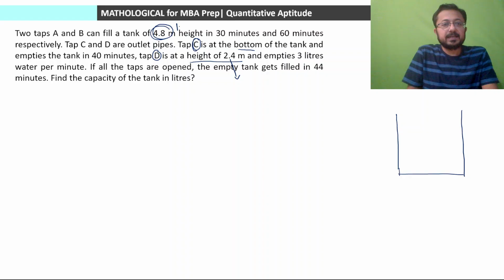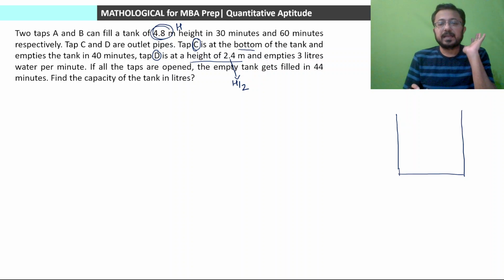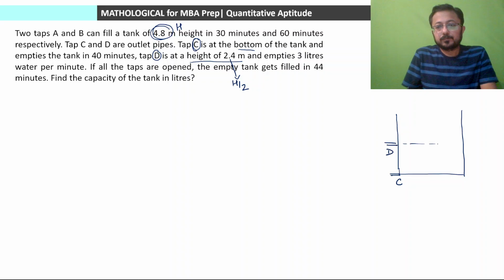If total height is h, then this is at h by 2. बाकी और 2.4, 4.8 का हमें कोई यूज़ नहीं करना है. The only thing that concerns us is that if the total height of the tank is equal to h, then tap D is at a height of h by 2. So this is, let us say, tap C at the bottom and tap D is at half the height, at h by 2 if total height is equal to h for the tank.